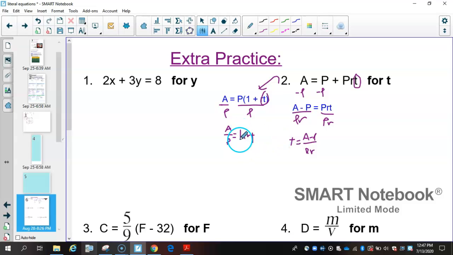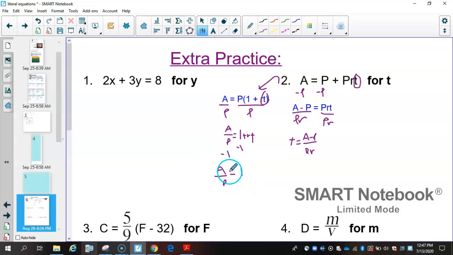Now I can get rid of this 1 by subtracting. However, when I do this, I need to make sure I'm subtracting it from this entire fraction. So I'm going to rewrite this like a over p and put minus 1 next to it.